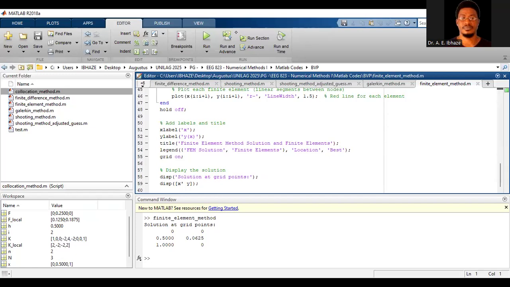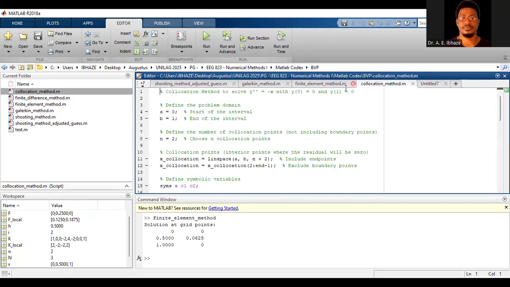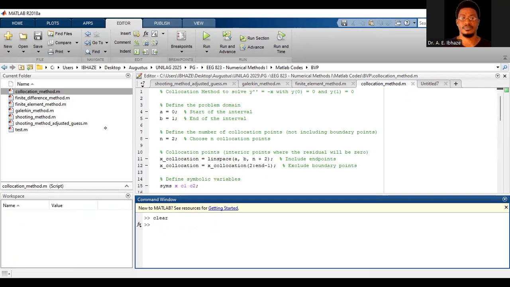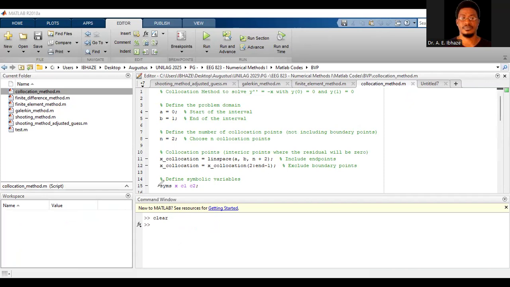Now, for the collocation method, we already know that the second derivative d squared y over dx squared is the same as negative x. And we already have the boundary conditions, y of 0 being the same as 0, and y of 1 being the same as 0.